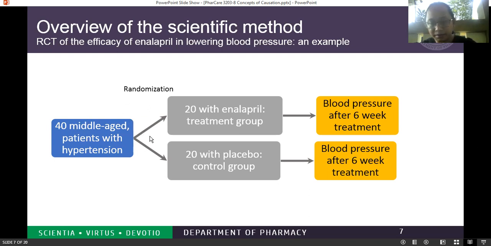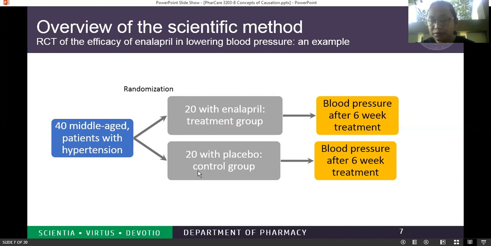We randomize them into two groups: the treatment group and the placebo group, or we call it the control group. Sometimes we call these two groups arms. Yeah, arms.